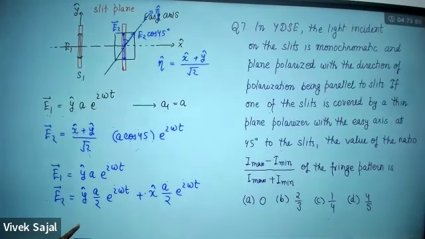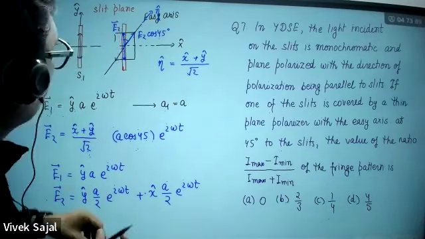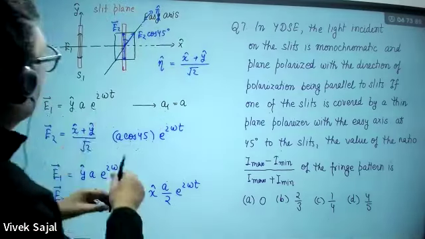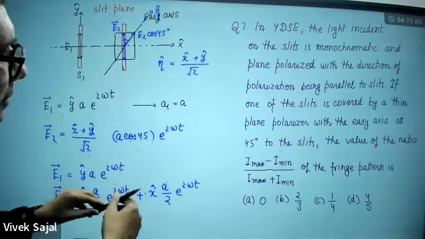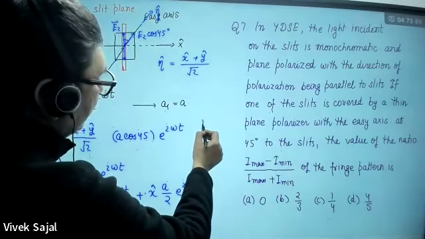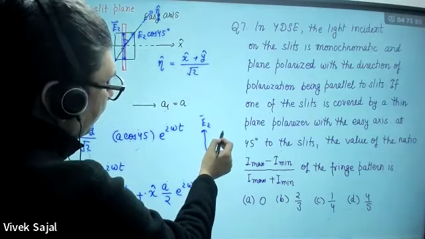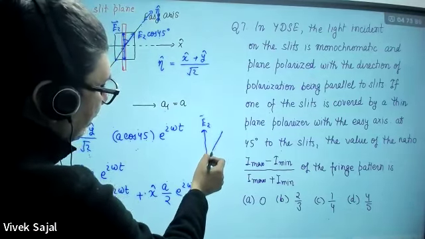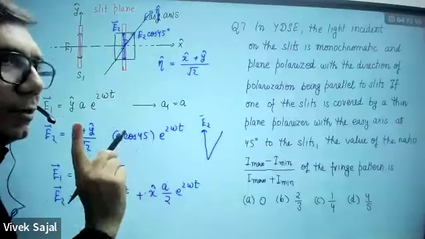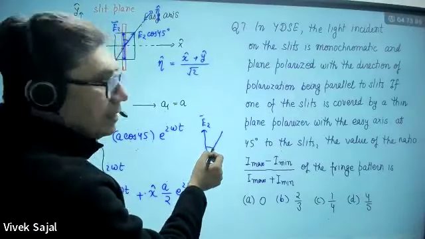First, try to understand this. Is this clear to you? So what I am saying here, this electric field was incident like this. So this was the electric vector that is incident, E2. But we have placed a polarizer that is allowing only the component of the electric field which is parallel to the pass axis. This angle is 45.